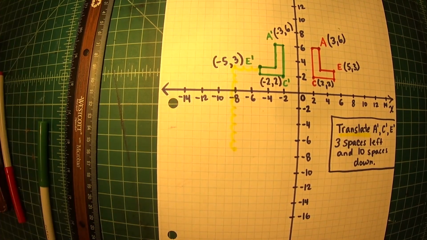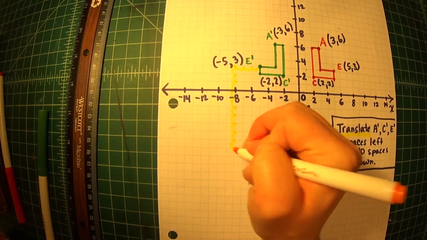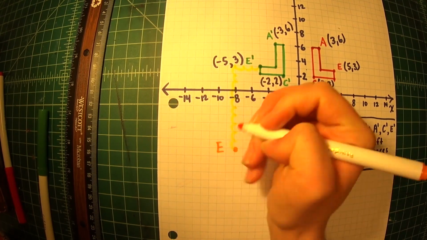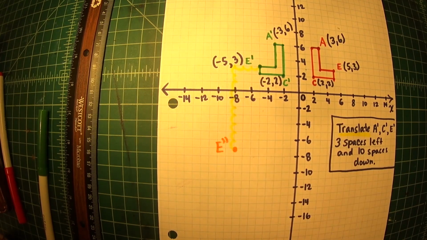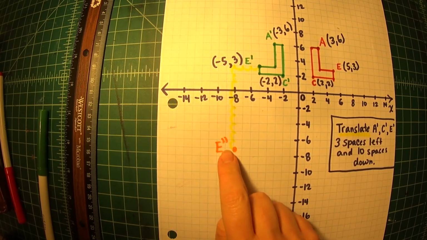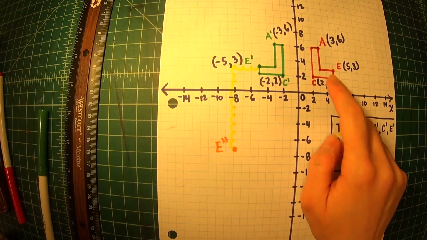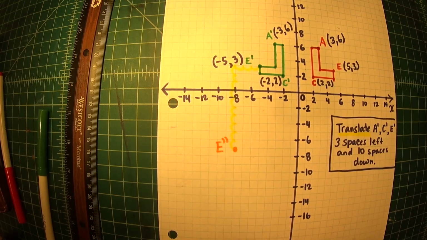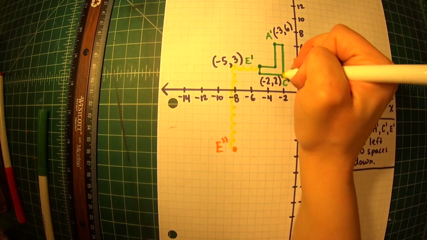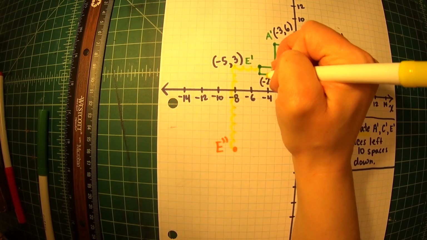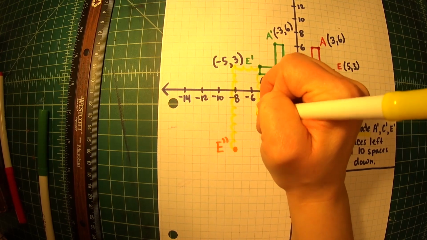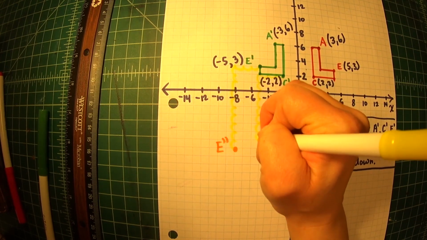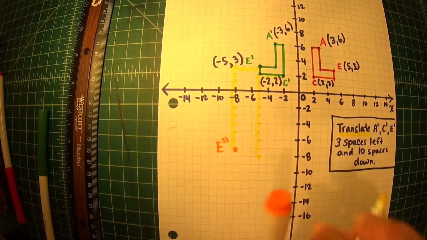So there's our E, and then this becomes double prime, because this is the second transformation of our original shape. Okay, next point, we do the same thing. 1, 2, 3, and then 1, 2, 3, 4, 5, 6, 7, 8, 9, 10 down.